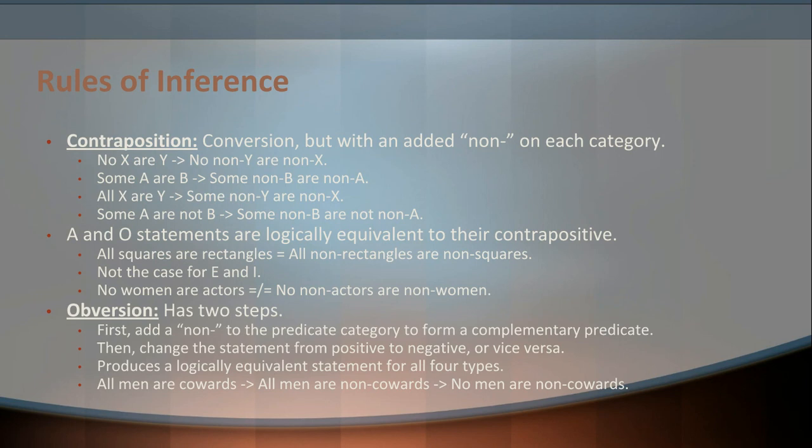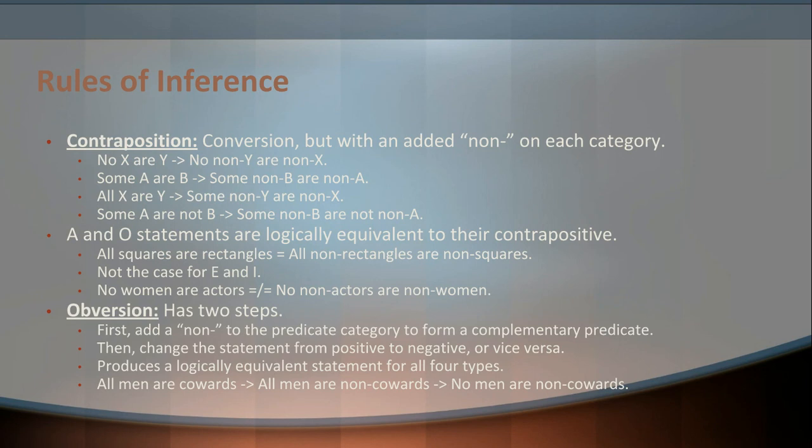Obversion. This is another one of our two-step rules of inference here. So, obversion. Two steps. First, add a non to the predicate category to form a complementary predicate. That is, put a non on the second term in the statement.